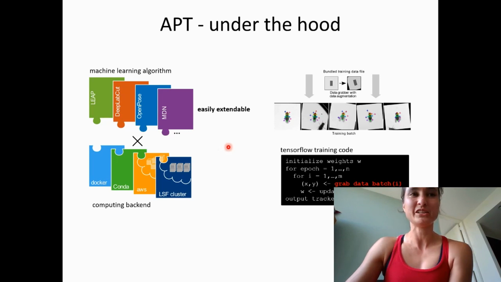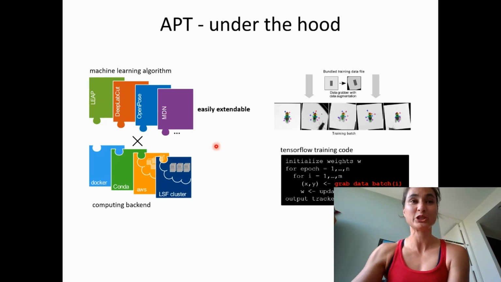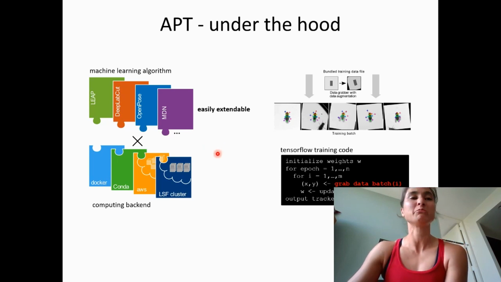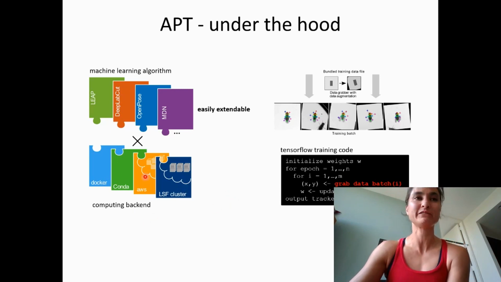As you all know, you need a GPU to be able to efficiently train these deep learning models. And so we support different operating systems, so Docker for Linux, Conda for Windows, as well as cloud computing with AWS or on a cluster. All of that is implemented within our system as well.